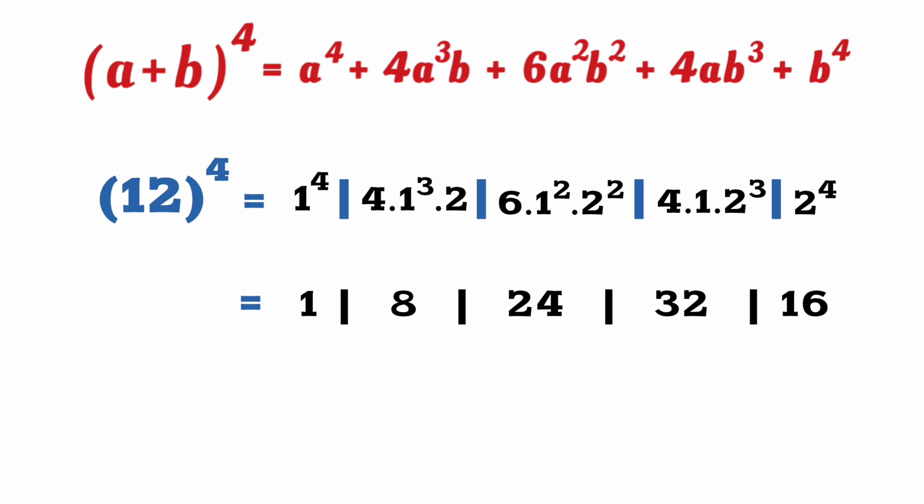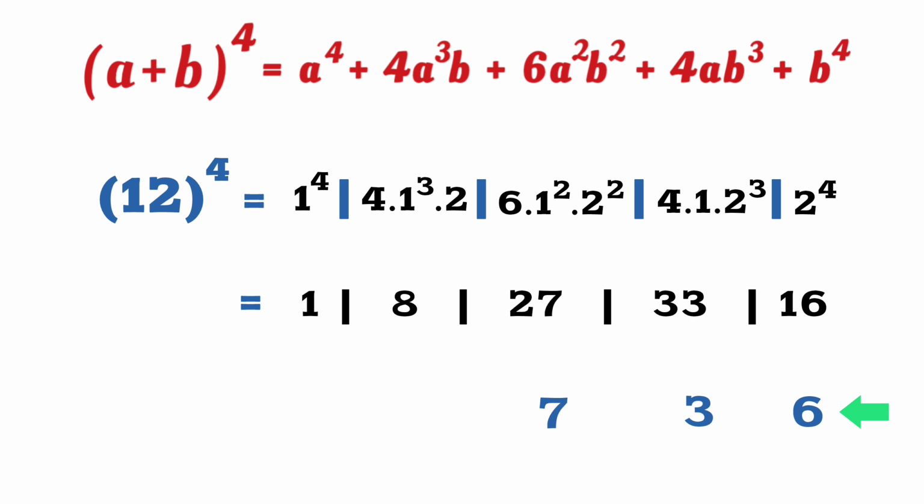Now start taking digits from right to left. First take 6 down and carry forward the remaining 1 to the left side. 32 plus 1, 33. Bring 3 down and carry forward 3 to the left. 24 plus 3, 27.